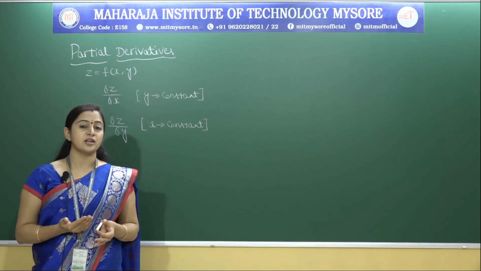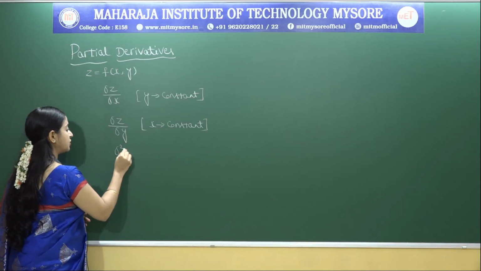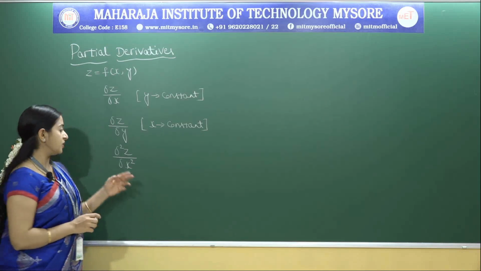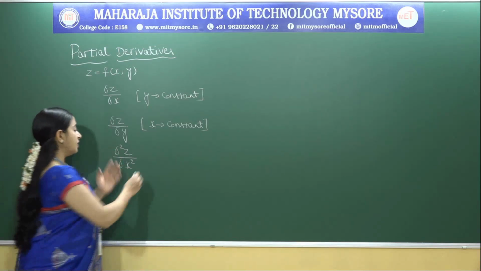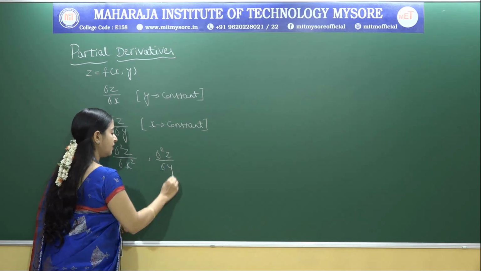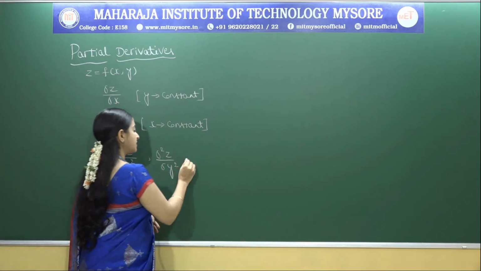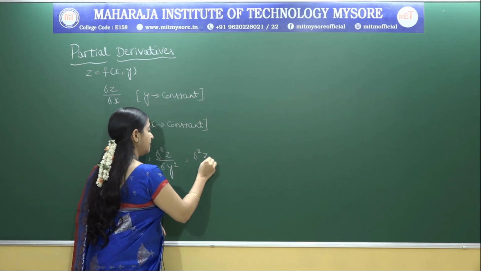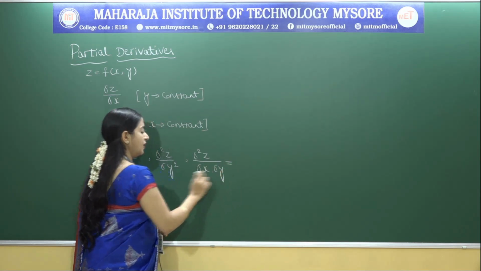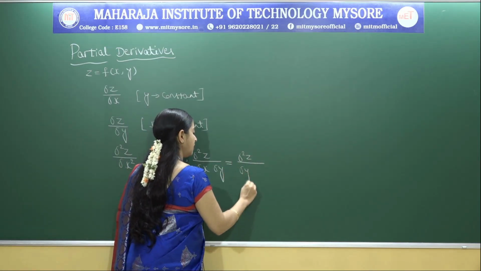Similarly, the second order partial derivatives are denoted as follows. The first one is del square z divided by del x square, the second order partial derivative of z with respect to x. Similarly, the second order partial derivative of z with respect to y is del square z by del y square. The mixed second order partial derivative with respect to x and y is del square z by del y del x.